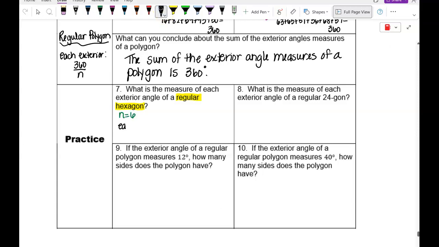So each exterior angle is going to be 360 divided by 6. So what is going to be the measure of each exterior angle? What is 360 divided by 6? 60 degrees. So each exterior angle of a regular hexagon has to measure 60 degrees.